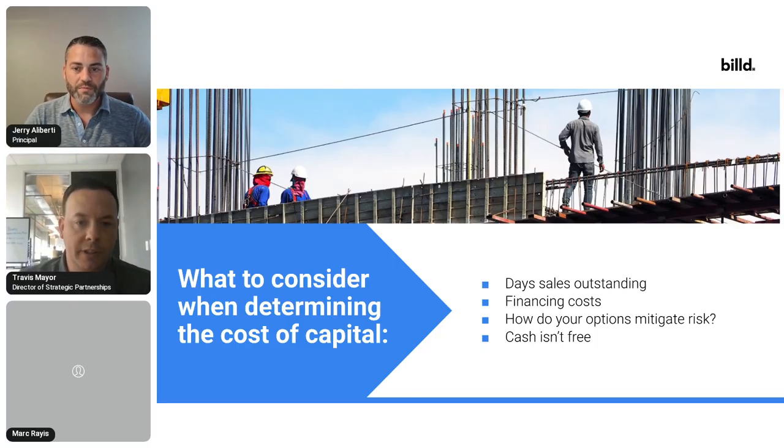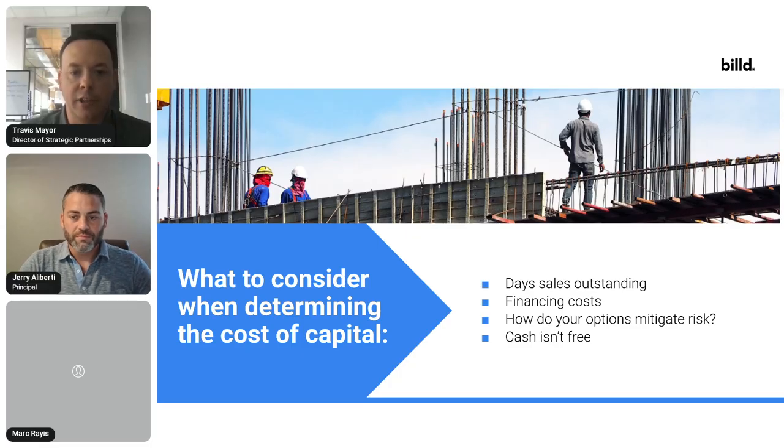Yeah. So just to recap, some of the things to consider when determining the cost of your capital. We talked about this one, right? Your day sales outstanding, blended across the business. How many days are you carrying the bag or floating the cost? But then breaking that out, depending on the size of your company. Keep it simple to start.